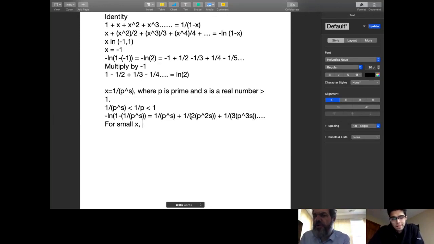We'll do this more properly. But it's enough for us today to just say the following. For small x, minus ln of 1 minus x is close to x.